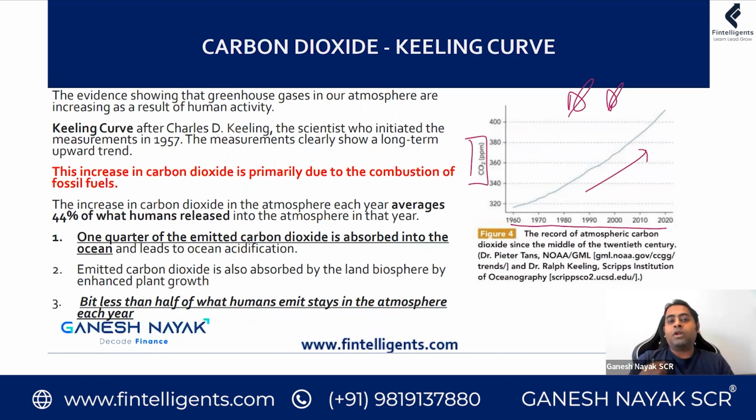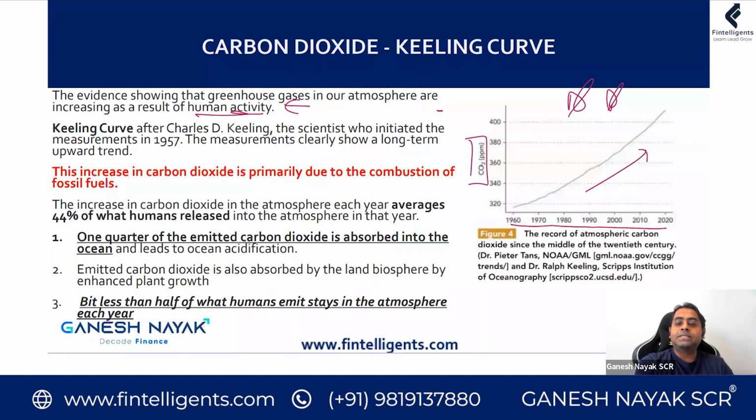So this is one of the strongest pieces of evidence that, because of greenhouse gases, one of which is carbon dioxide, the temperature is rising. And why is CO2 increasing? Because of human activity. We'll talk more about the human activity connection as we move ahead.